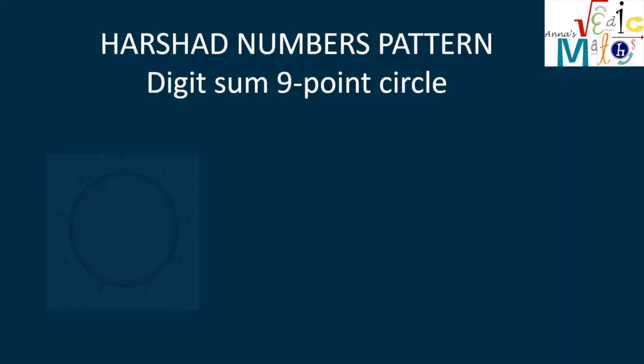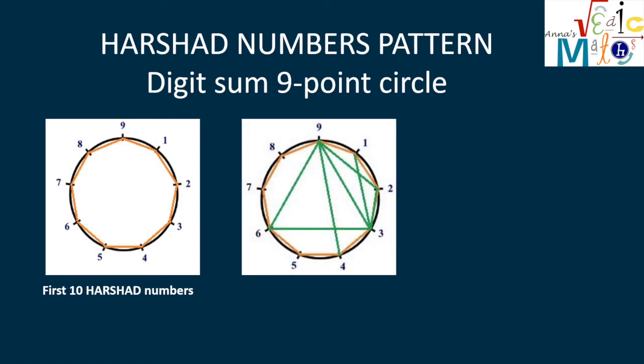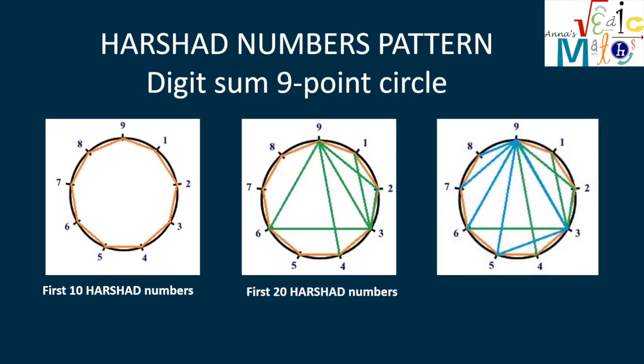It's also nice to represent a Harshad number pattern using the 9-point circle. So we have the first 10 Harshad numbers, and we see that all the numbers are dots. Then the first 20 Harshad numbers, and the first 30 Harshad numbers.